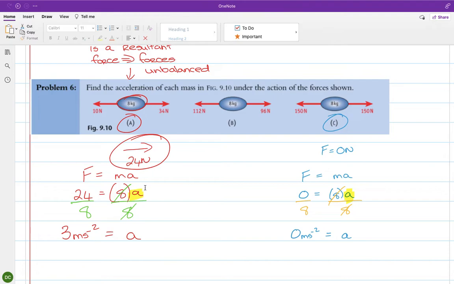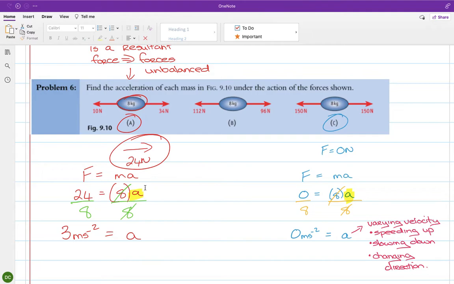about what acceleration means. I'm sure Mr. O'Rourke went through this, but what does acceleration mean? Acceleration means we have a varying velocity. So we have something that is either speeding up, slowing down, or changing direction.